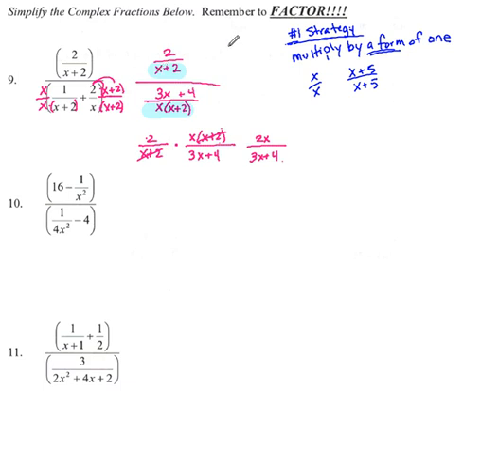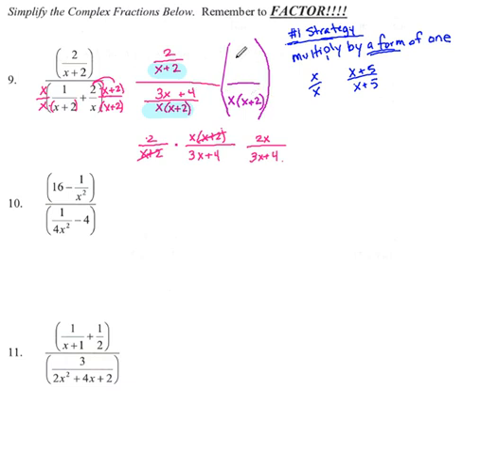I want to multiply by a form of 1. This whole thing, I want to multiply by a form of 1 that could make that whole thing disappear. Well, to get that whole thing to disappear, I'm going to need to multiply times that whole thing. Right? So here, this is in the denominator. This is going to be really in the numerator of my denominator.